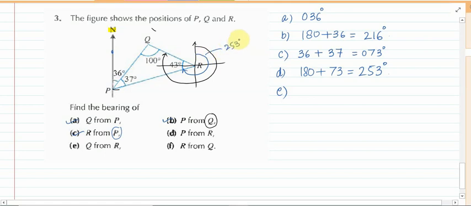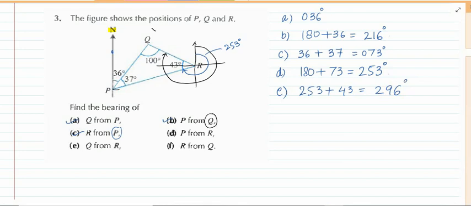Now look closely in your figure. If starting from the north till the line P we have angle 253, now we need 43 degree more to reach this line, right? To reach this line we need 43 more. So it will be 253 plus 43 gives you answer 296 degree, right?